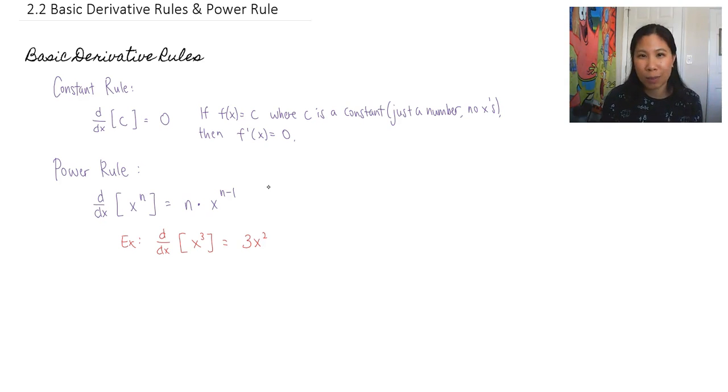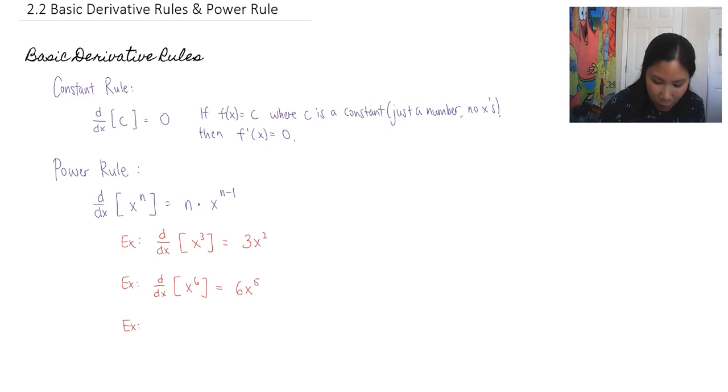And if you did this with the limit process, you would get the same thing. Slightly different example, but same concept. If we're trying to find the derivative of x to the 6th power, we would get 6x to the 5th power as its derivative. We would move the 6 out front and then lower the exponent by 1 to get 5.